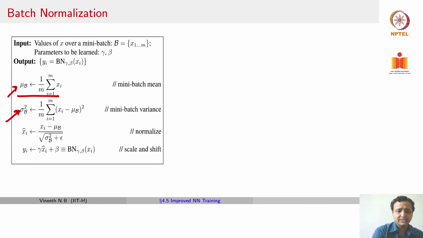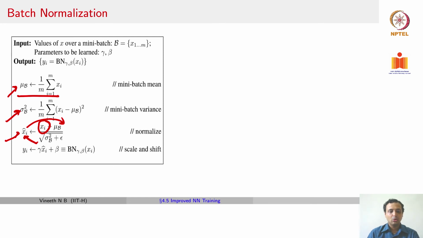Now, if we normalize, your xi hat would be xi minus mu b by sigma b square plus epsilon. In this case, your output would then be, you would have xi hat times the standard deviation plus mu, which would give you back xi.